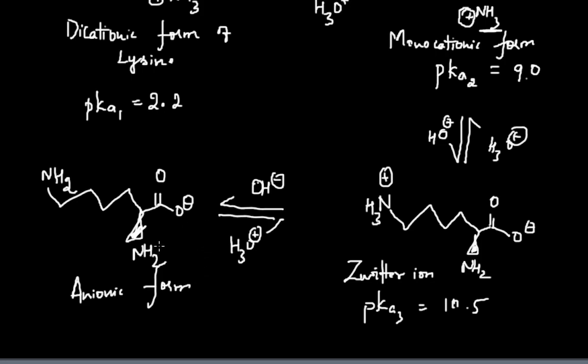So the isoelectric point of lysine is the average of this particular pKa and this particular pKa.